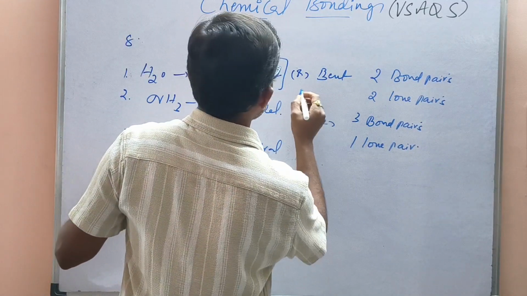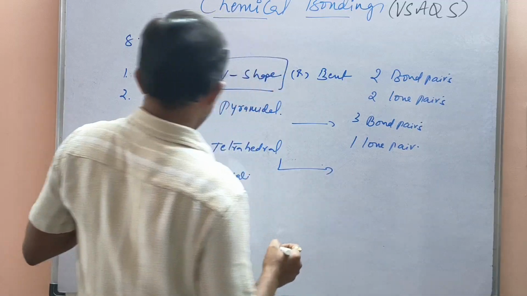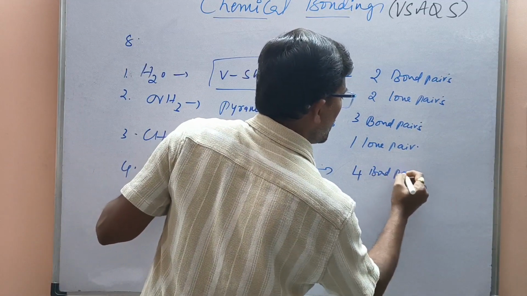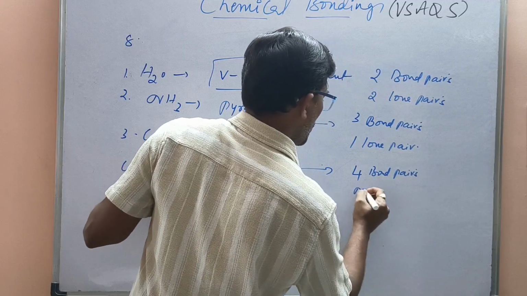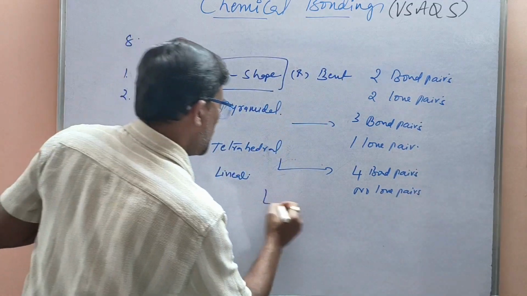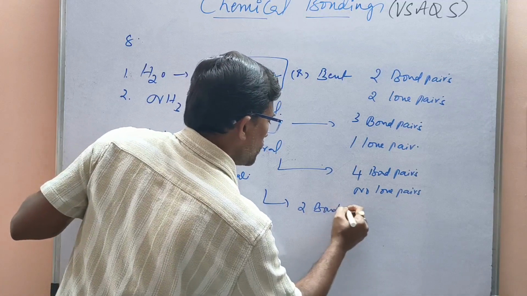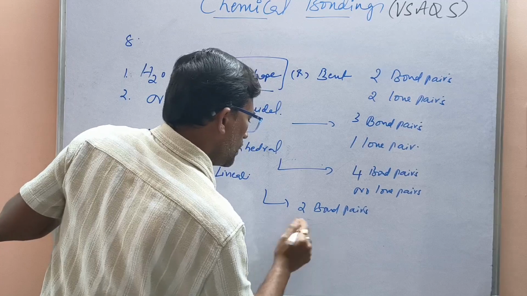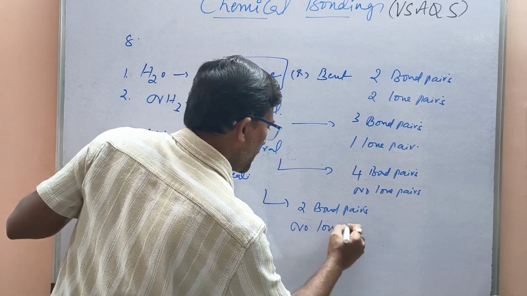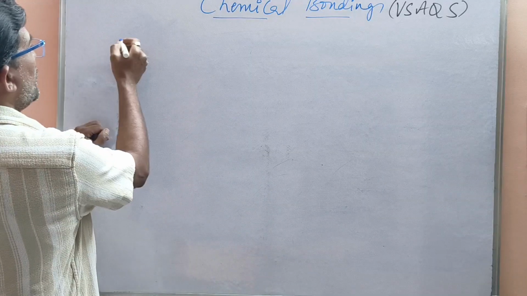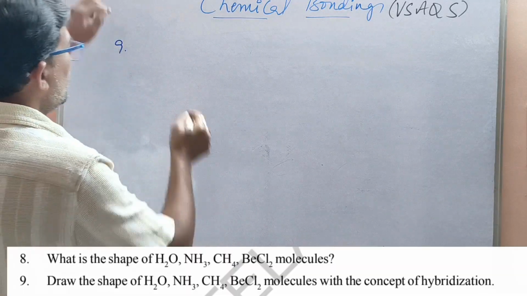In case of methane, that is 4 bond pairs, no lone pairs. In case of BeCl2, 2 bond pairs, 0, that is no lone pair. Okay, important.